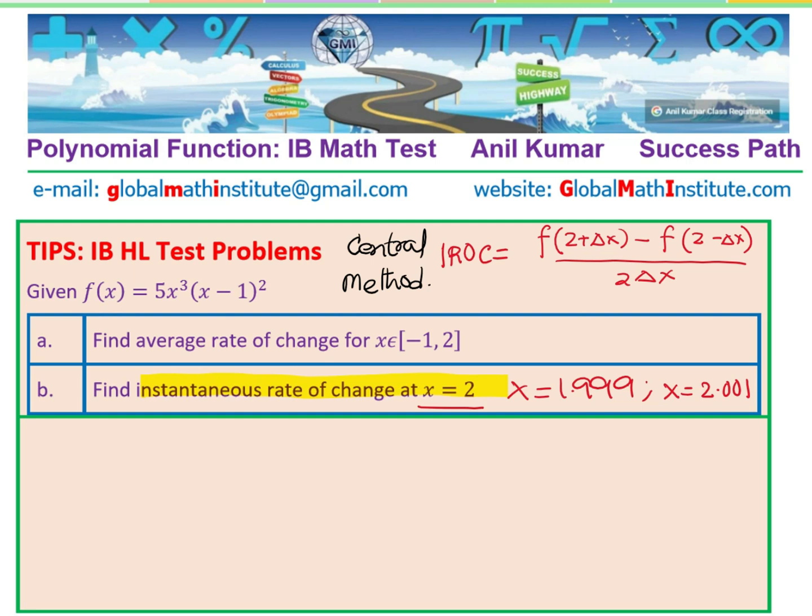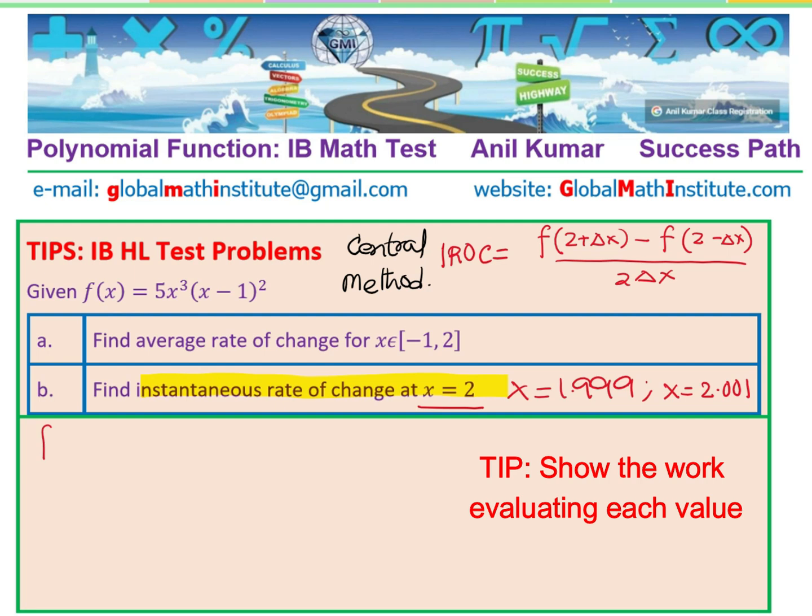Right. So we can do the calculations. We will write the function f of x and substitute the value 1.999. It'll give you a very accurate result, right? So 5 times 1.999 whole cube times 1.999 minus 1 whole square. Calculate this value, correct?